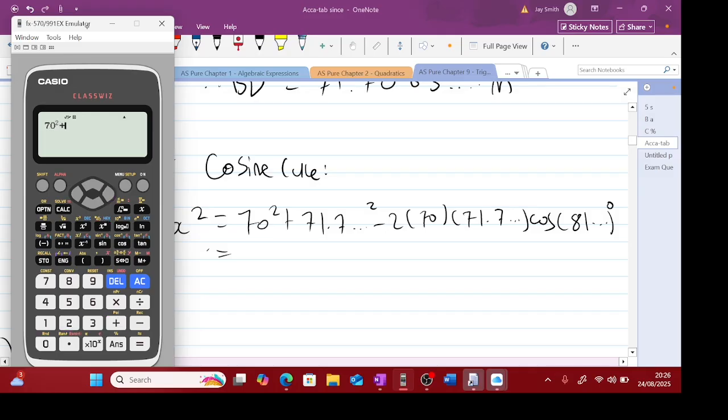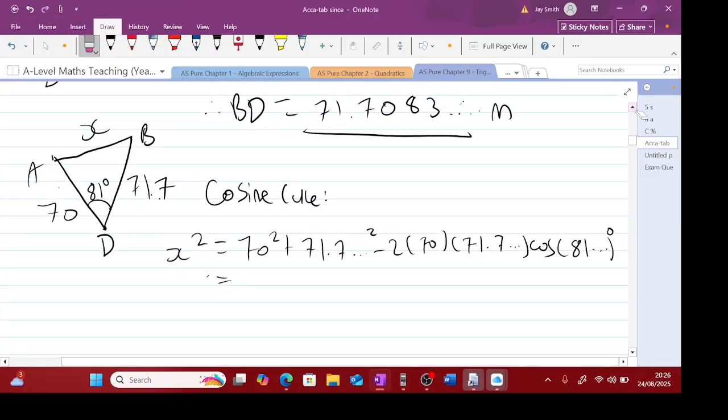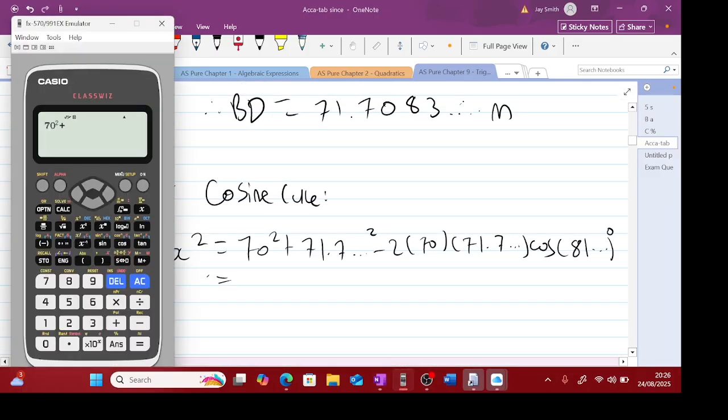Now the 71.7 again is that large decimal here, which I stored as A, if I remember. So to access the letter A, I'll go to the red mode, alpha, and then click A, and then that'll be squared. And then minus 2 lots of 70.